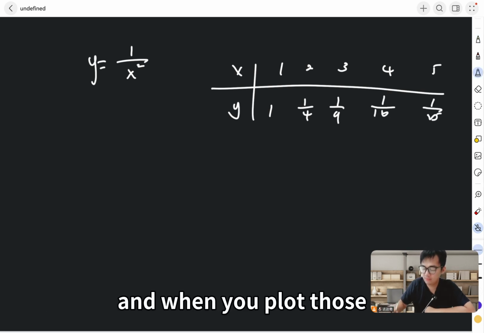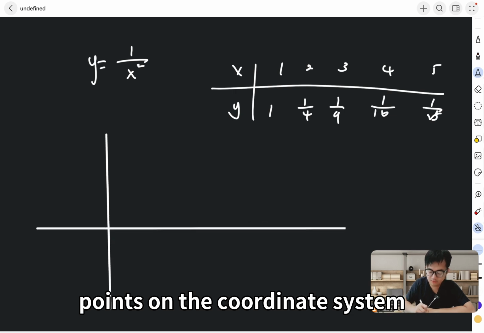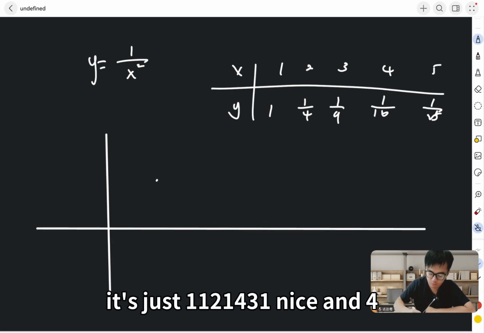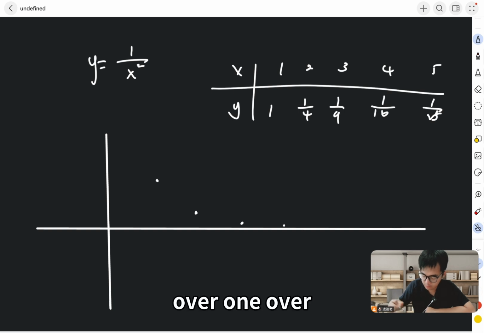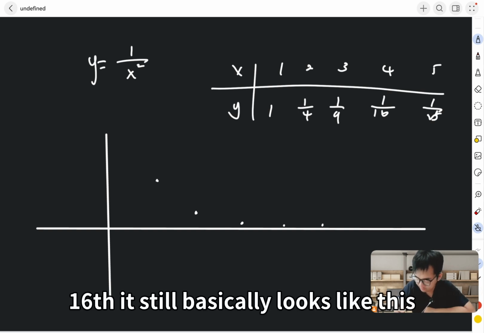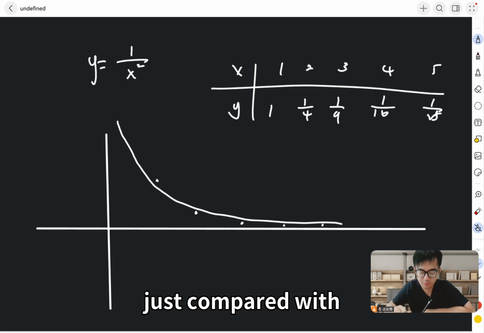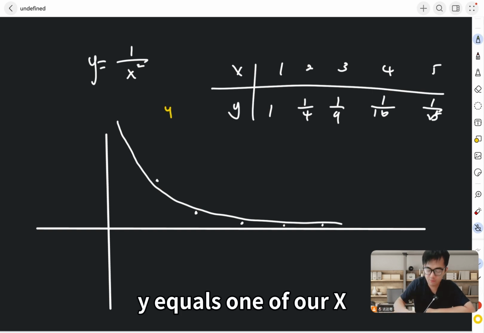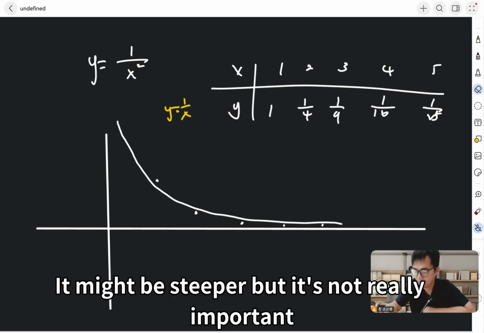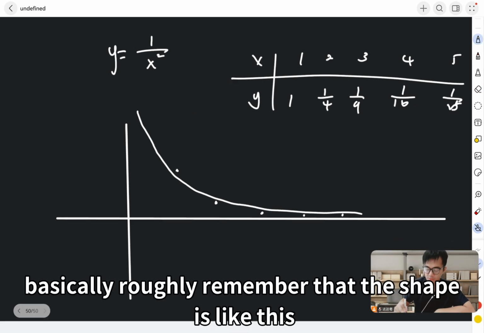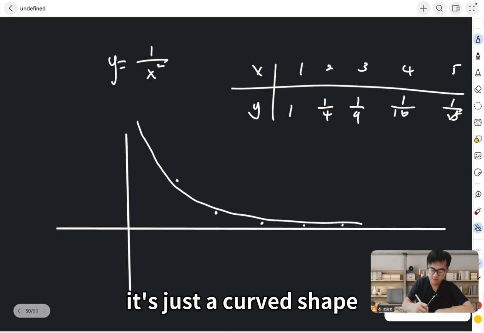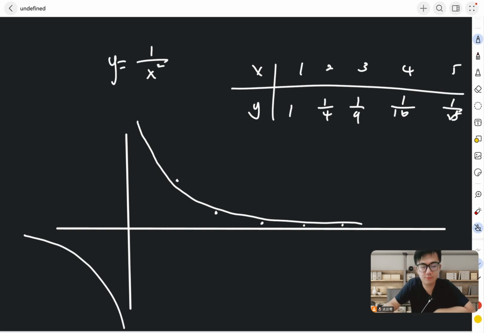And when you plot those points on the coordinate system, it's just 1, 1; 2, 1/4; 3, 1/9; and 4, 1/16. It still basically looks like this. Compared with y equals 1 over x, it might be steeper, but it's not really important. You can just roughly remember that the shape is like this. It's just a curved shape.